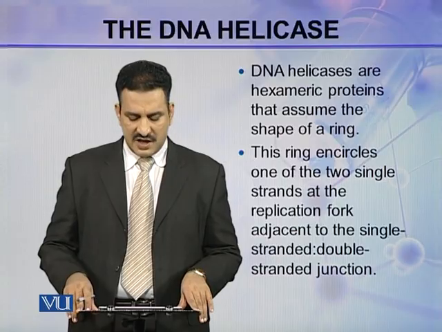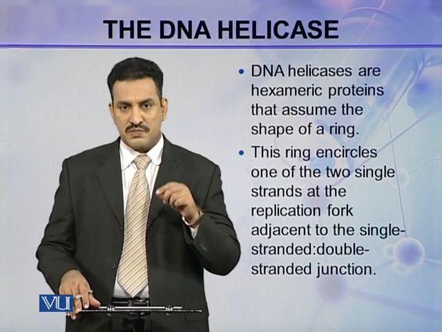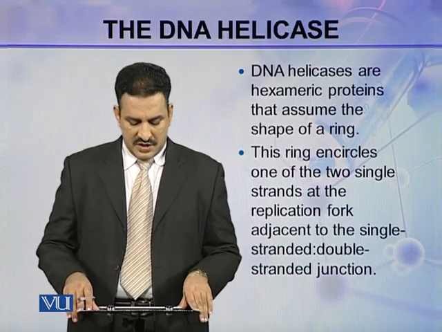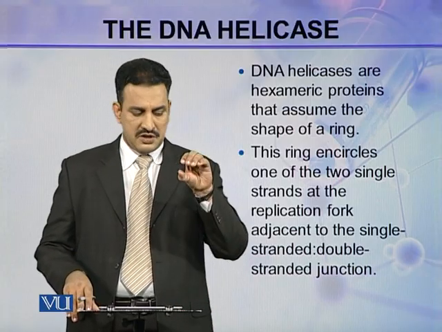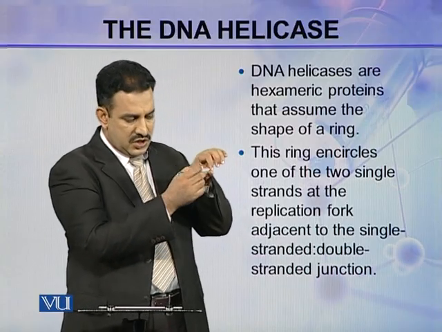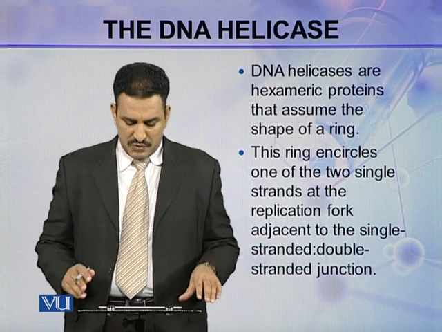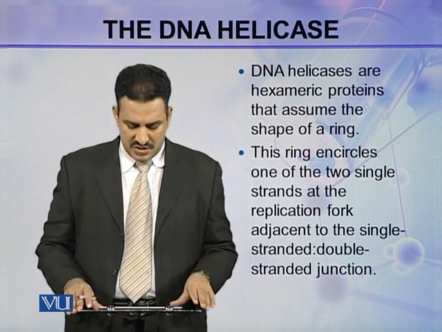So at the replication fork, DNA helicases are present, which open up the strands. DNA helicases are hexameric proteins, that is, they contain 6 subunits that assume the shape of a ring. So this DNA helicase is in the form of a ring, and 6 subunits are present in this ring.